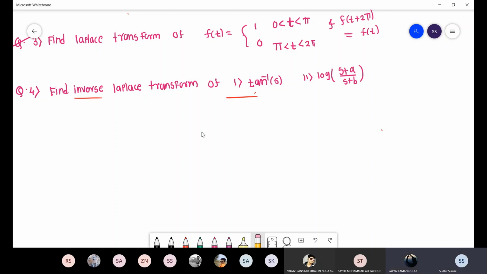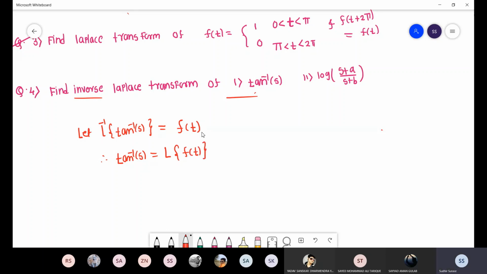Sir, first of all, we have to consider that tan inverse of s is equal to f of t. Okay, let us consider: let Laplace inverse of tan inverse of s be equal to f of t. Sir, there we have to take the Laplace inverse. Okay, Laplace inverse. Then shifting the Laplace inverse, tan inverse of s is equal to the Laplace transform of f of t.